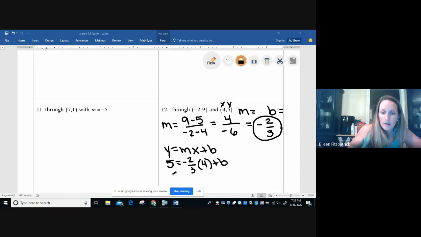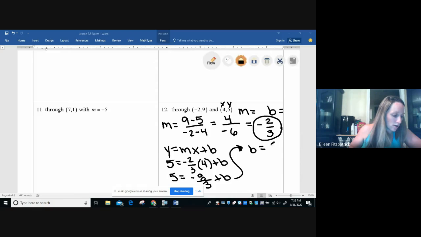Okay, so I have 5 is equal to -8/3 plus b. I'm going to add 8/3 to both sides to get that b is equal to 23/3. Trying to make sure that makes sense in my head. That would be 15. Yeah.